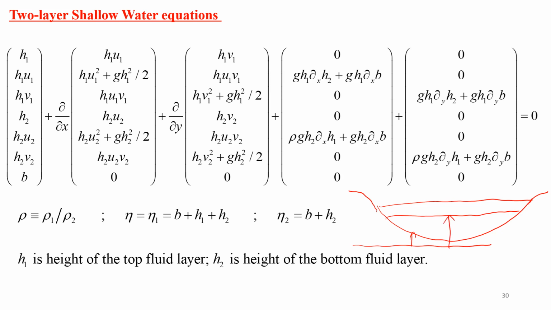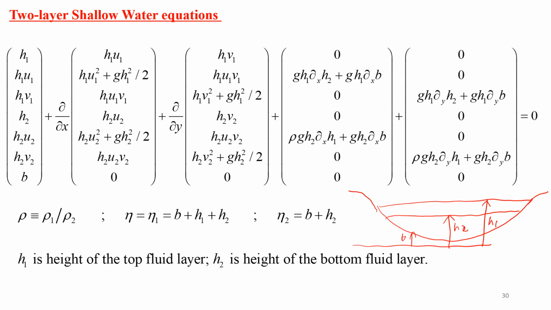H1 represents the height of the first fluid, so this is H1. I'm sorry, this is H1, the height of the second layer, and this is H2, the height of the bottom layer of the fluid, and this is B, the bathymetry.